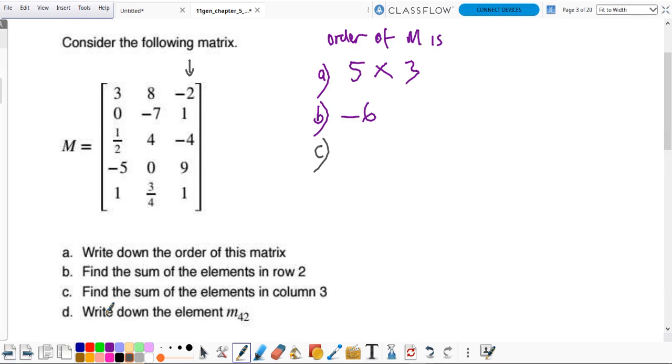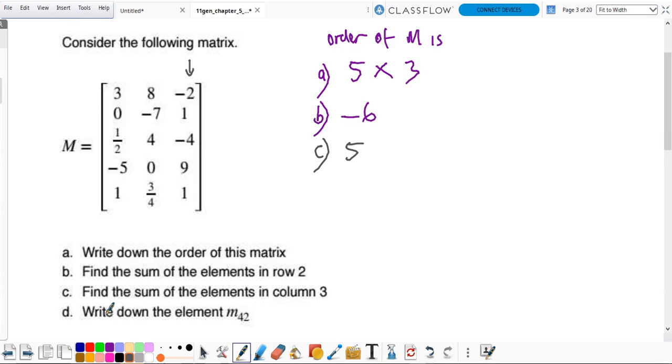If you have to add all of these together, when you see the word sum, this means add them all together. So negative 2 plus 1 is negative 1, minus 4 is negative 5, plus 9 equals 4, plus 1 equals 5. So that would equal 5. Just adding them all up. When you see the word sum, you need to add.